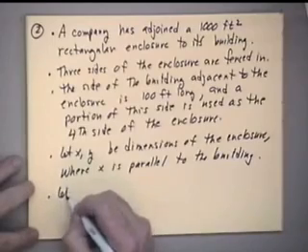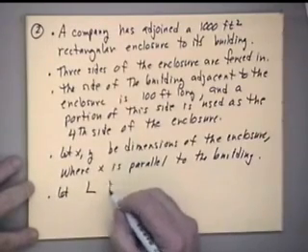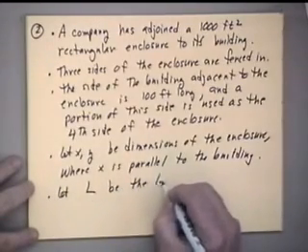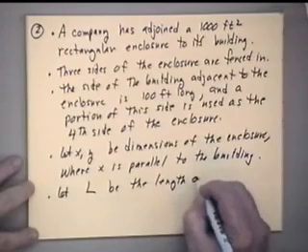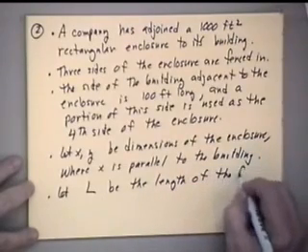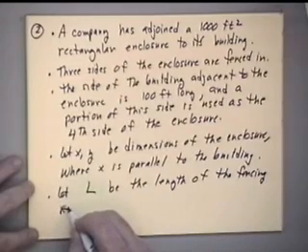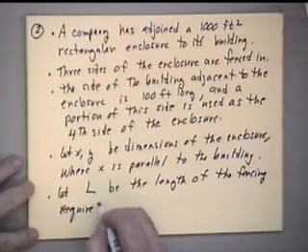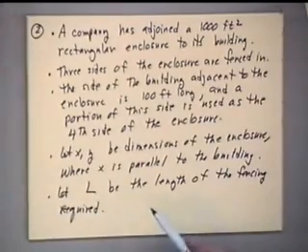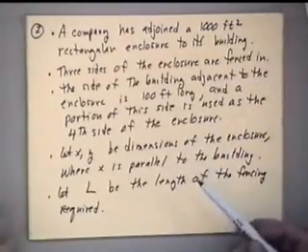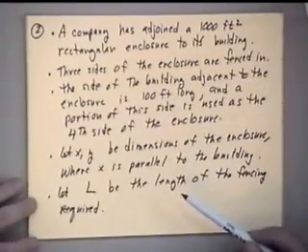And finally, let's let the letter L, capital L, be the length of the fencing we need, of the fencing required. Now, I haven't even gotten to the question yet. This is just writing down the situation.